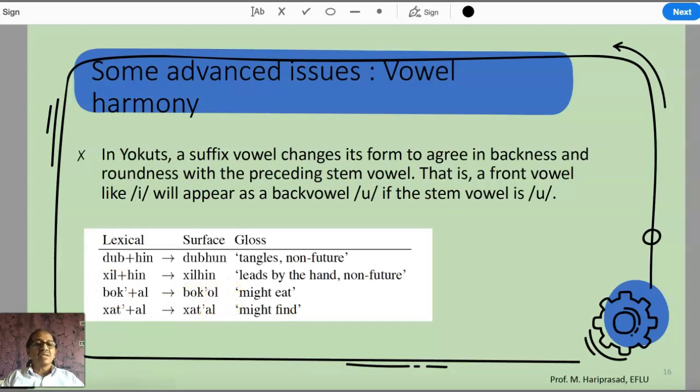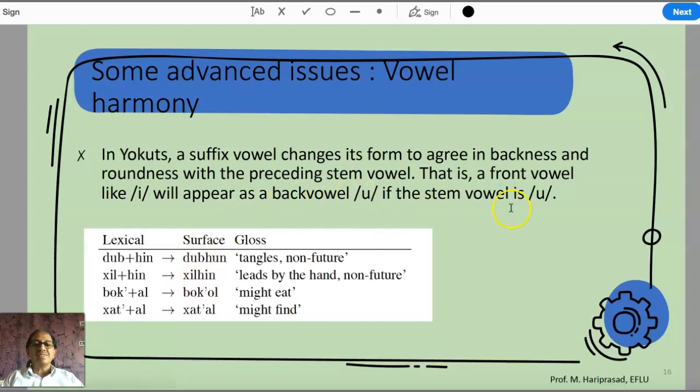Similarly, khat, a is back and the other a is also back, so it remains as back. So if you have two features, round and back, everything becomes round and back, or if there's only one feature, which is round, then it can also have influence. That is, either roundedness influences the vowel in the suffix, or backness influences the vowel in the suffix, or both can happen, right?